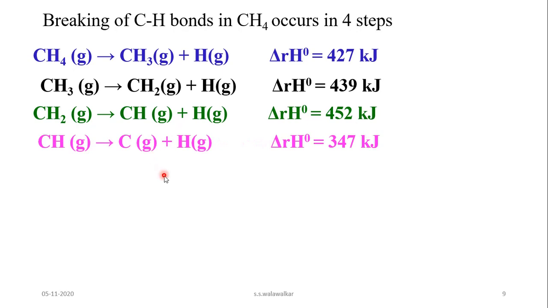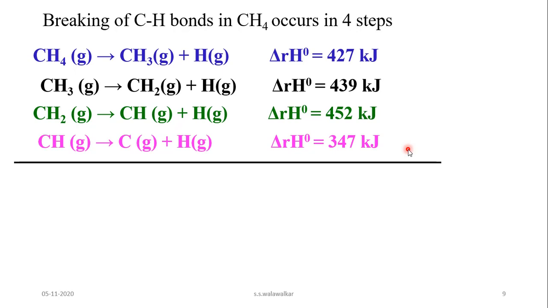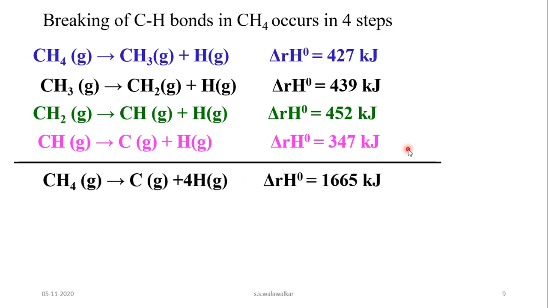And the CH gives you carbon in a gaseous state and hydrogen in a gaseous state. Like this the last and fourth carbon hydrogen bond also breaks, and it requires 347 kilojoules of heat. So total heat required to break all the 4 covalent bonds in methane is equal to the sum of all these, 1665 kilojoules.